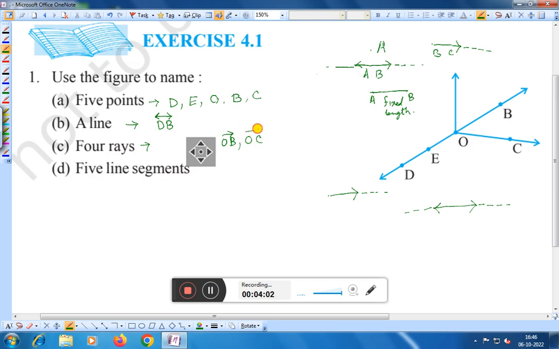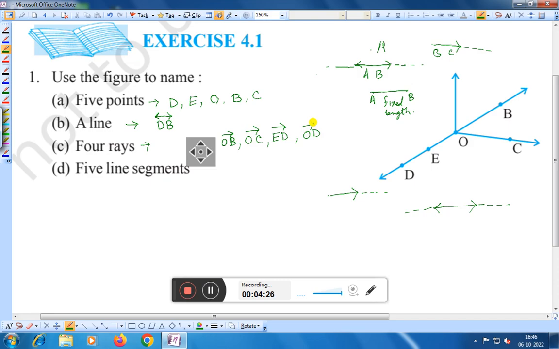We can also write ED is another ray, and also OD is another ray. You have to represent a ray like this, with an arrow on one side.